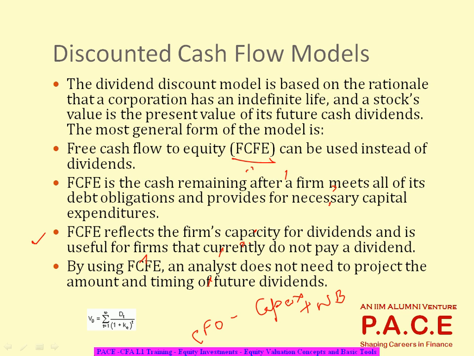See, dividend is as per the dividend policy of the company. If the management thinks let's pay a dividend, they'll pay. If they think let's not pay a dividend this year, they will not pay. So it's more of a decision which the management is taking. It may not reflect the potential of the company to the fullest.